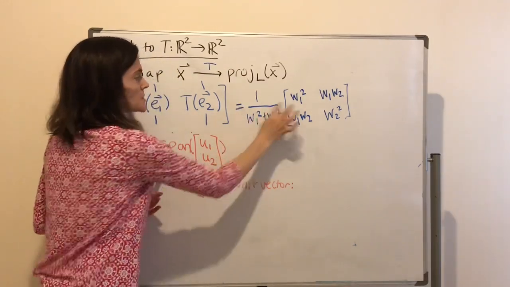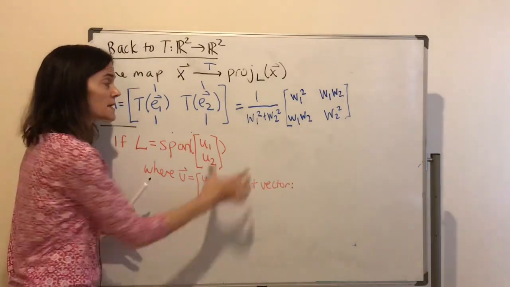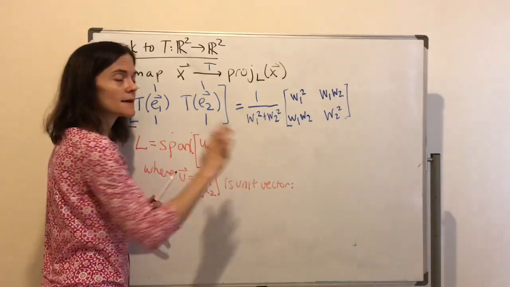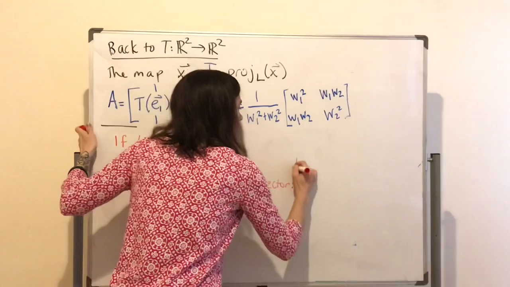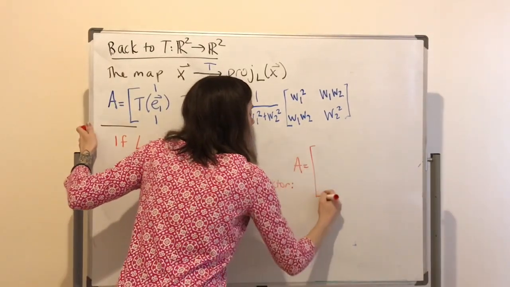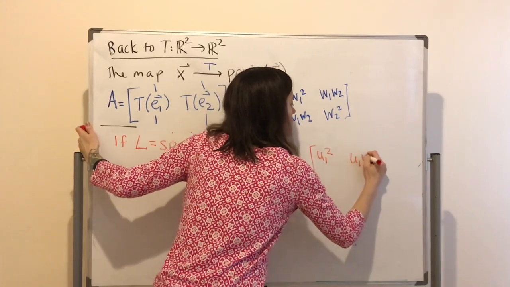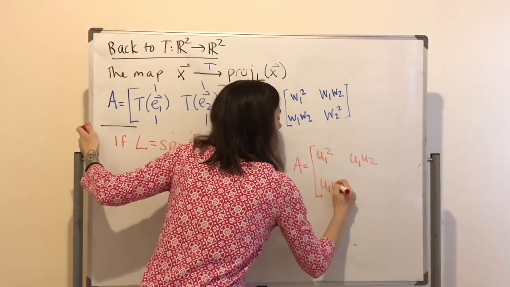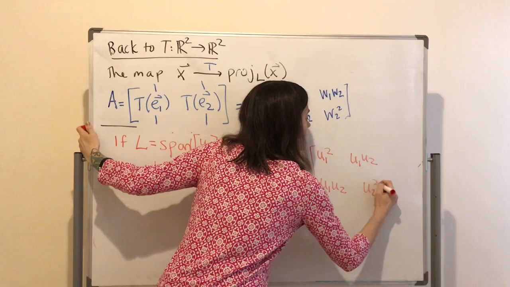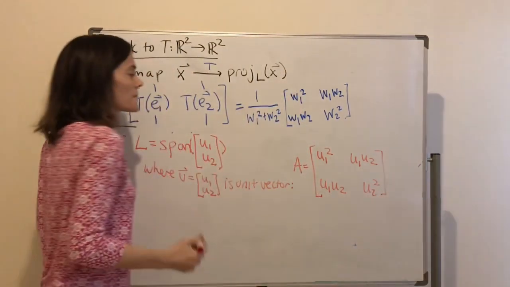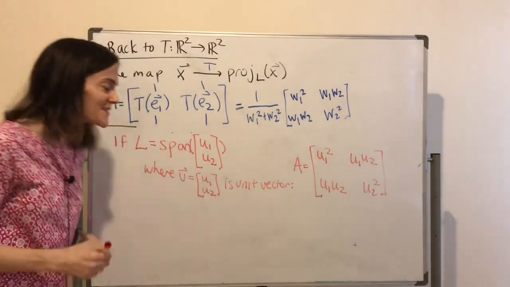Because the length would be the square root of this. If you have a unit vector, this quantity here is 1. So it's just U1 squared, U1, U2, U1, U2, and U2 squared. So it's a little bit simpler looking if you have a unit vector.